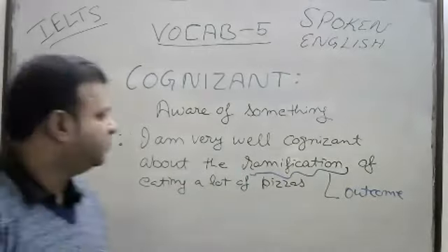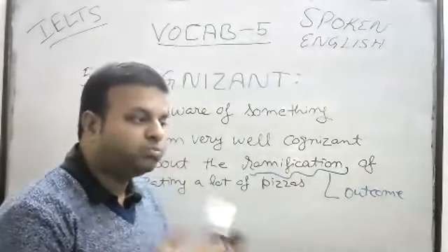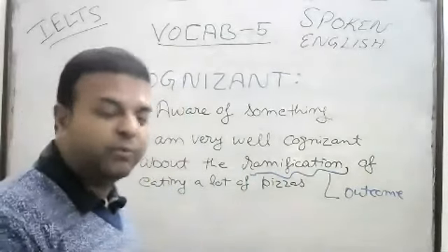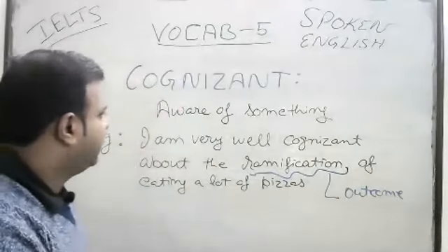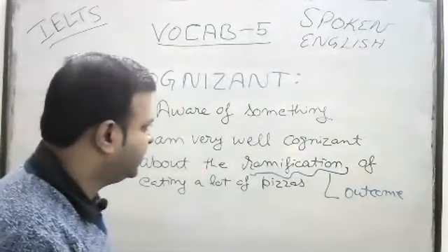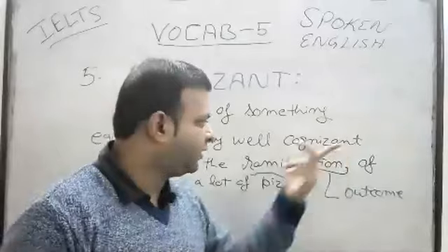So, what would happen if you eat a lot of pizzas? You become fat. For fat, also, we'll be doing one more word, a very good word we'll be coming across. So I'm very well cognizant about the ramification of eating a lot of pizzas. Obviously, I'm very well aware, but instead of aware, cognizant.